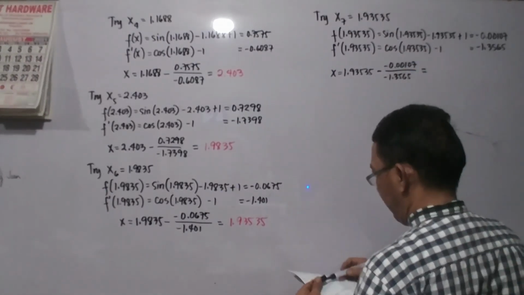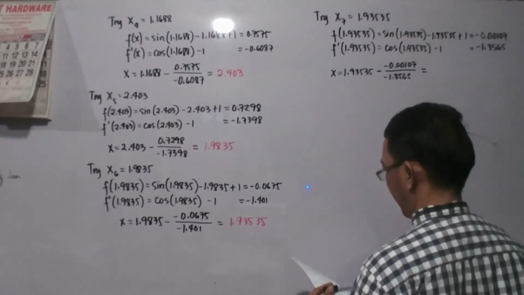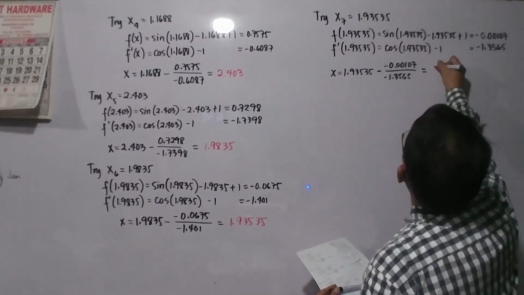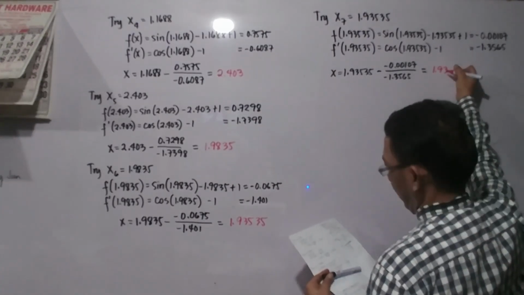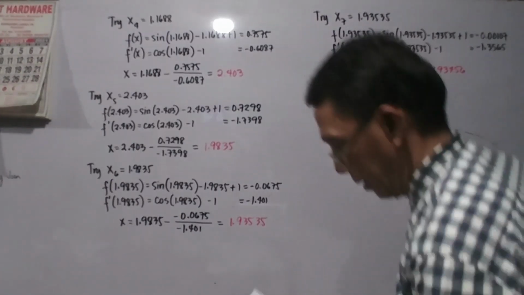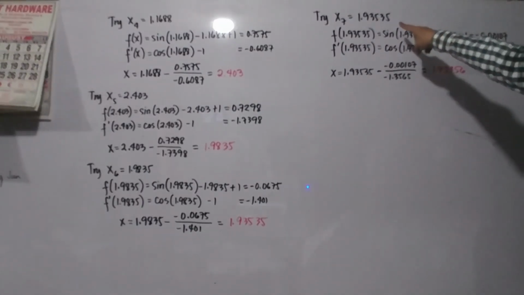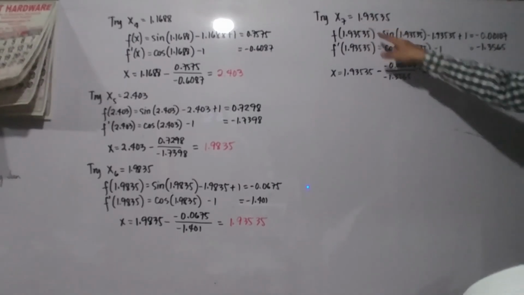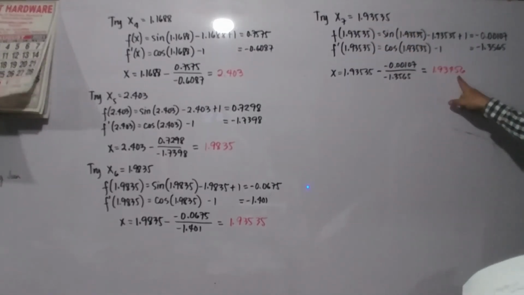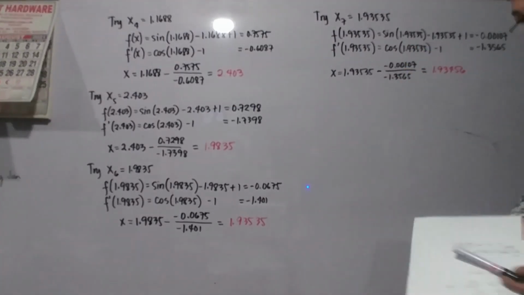We have now 1.93456. As you notice again, they are not equal. 1.93535, here we have 1.93456. This means it is close. Then, try again.